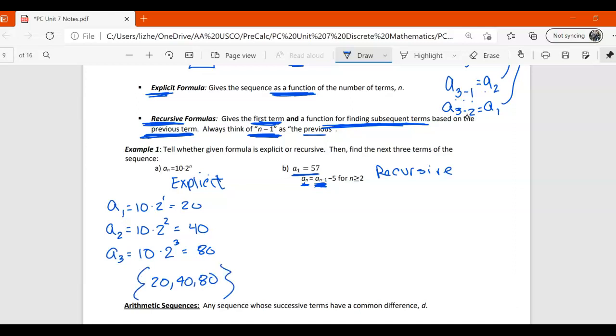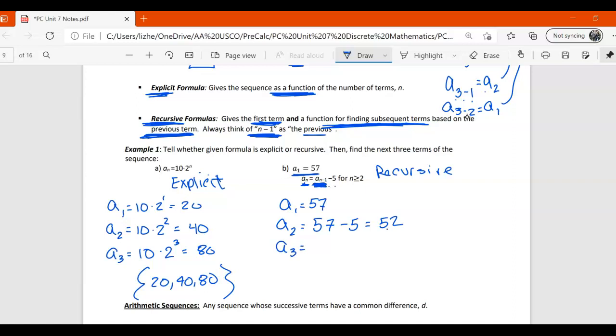Then over here for recursive, I already know A1 is 57. So what's A2 going to be? Well, it says look at the previous term and subtract 5. So the previous term is 57, minus 5 is 52. A3, it says take the previous term, subtract 5.